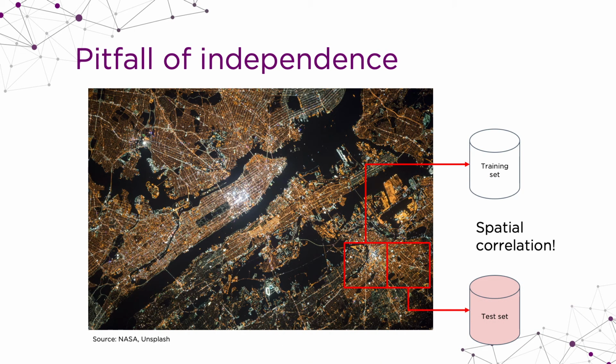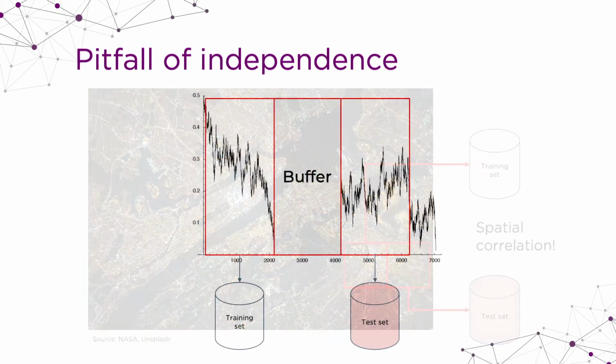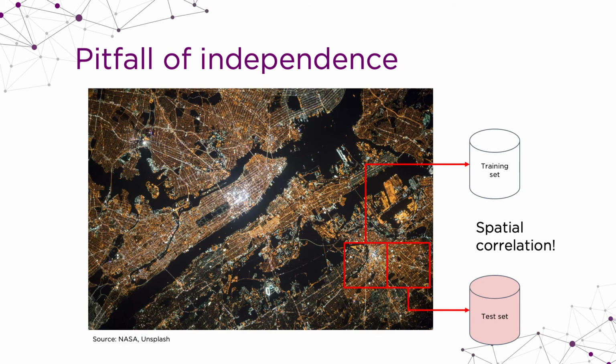Same thing for images. If I want to predict something on these huge satellite images, and I begin to extract sub-patches of it, and I put this sub-patch in the training set and this one in the test set, I can have spatial correlation. It's the same idea as before, but it can happen in 2D or in any dimension of your data.